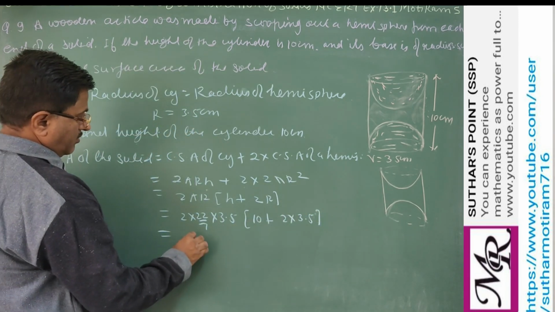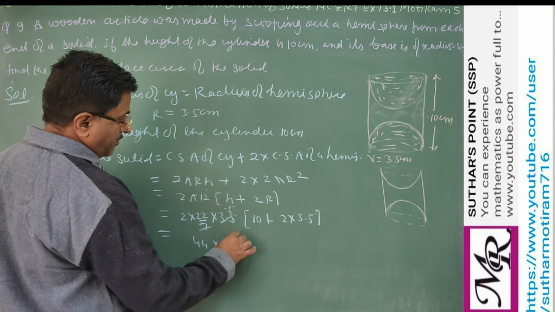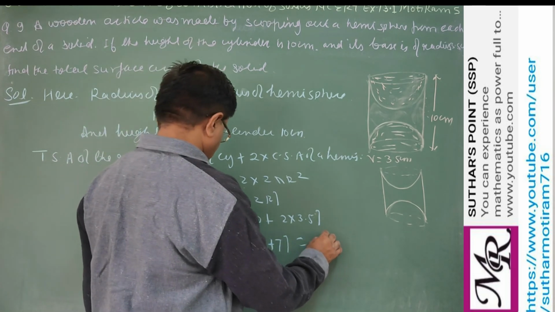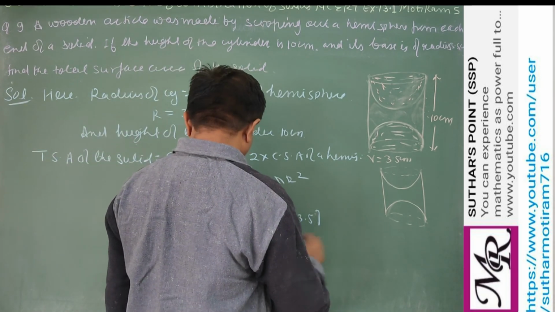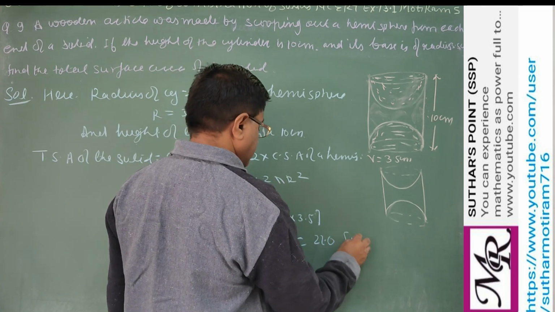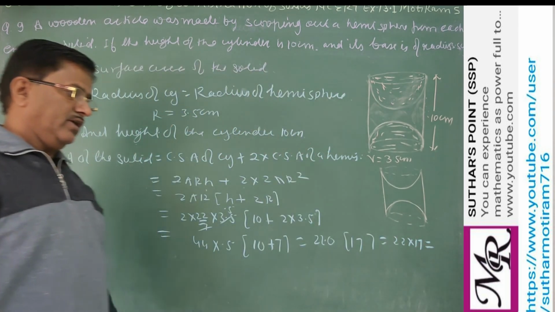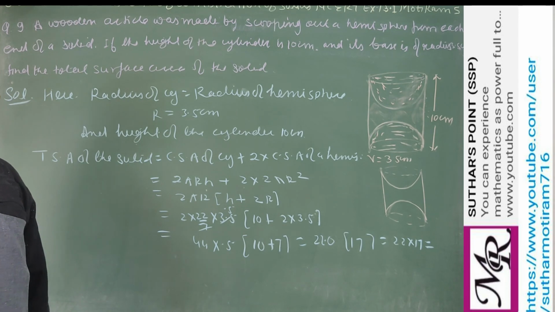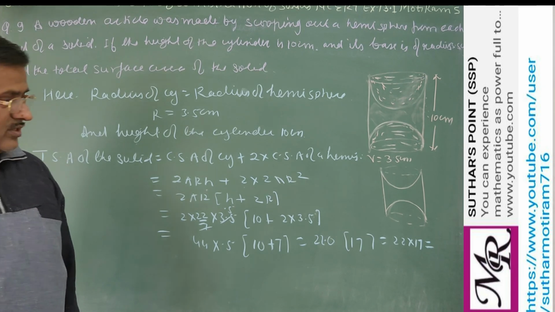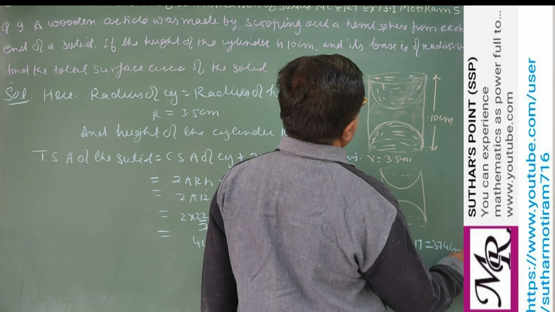So you can easily solve: 44 by 7 into 0.5, into 10 plus 7, so 22 into 17. So 374 centimeter square.